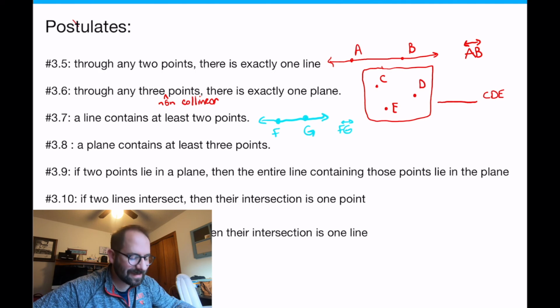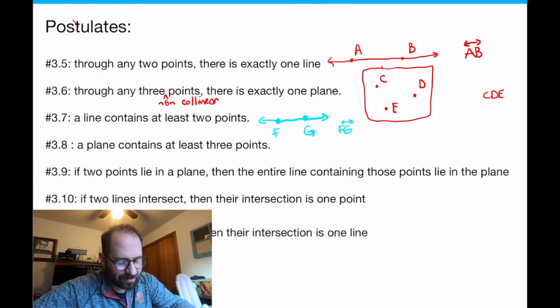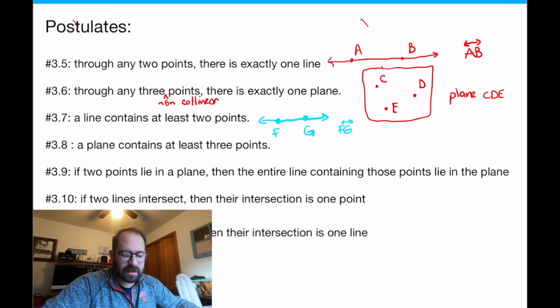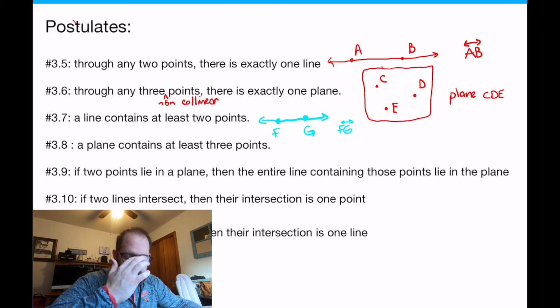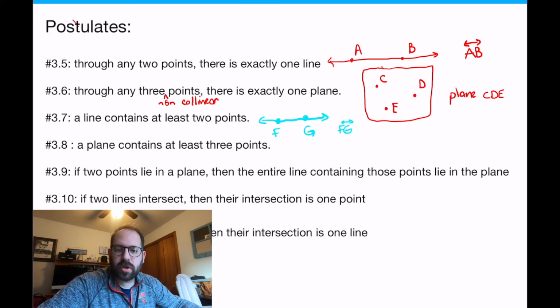Any guesses? Say a P. Nope. You have to write the word plane. So you have to write plane CDE. That's how you write planes. It has to be a minimum of 3 points, and you have to write the word plane. That's notation.